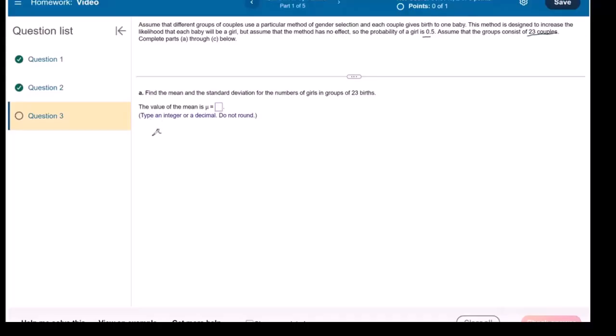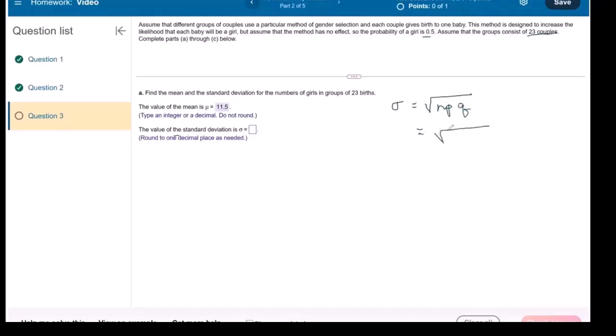The mean is equal to n times p. Here n is 23, and the probability is 0.5. If I multiply that together, half of 23 is 11.5. Find the value of the standard deviation. The standard deviation is equal to the square root of n times p times q.